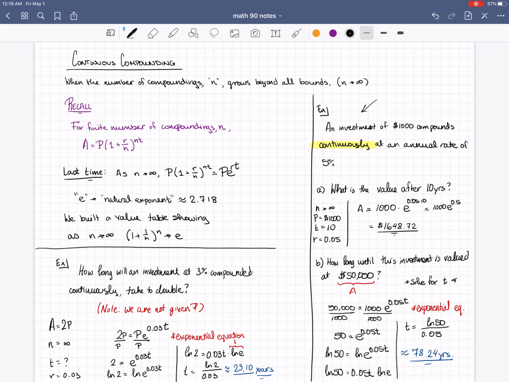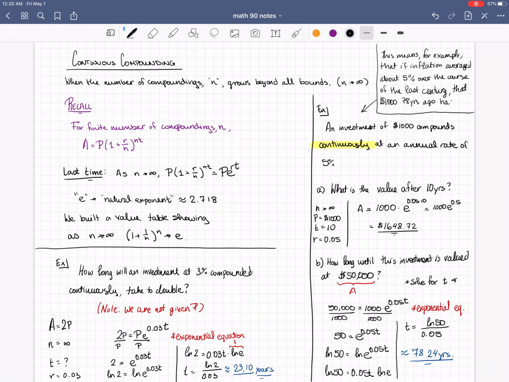So I'm going to write that here kind of as food for thought. So this means, for example, that if inflation averaged about 5% over the course, let's just say, of the last century, that $1,000 78 years ago had the buying power of $50,000 today.